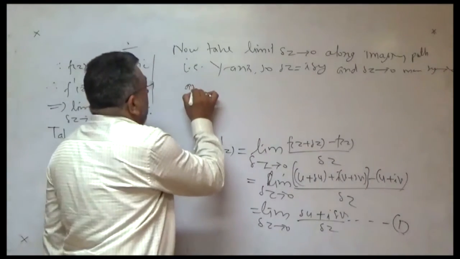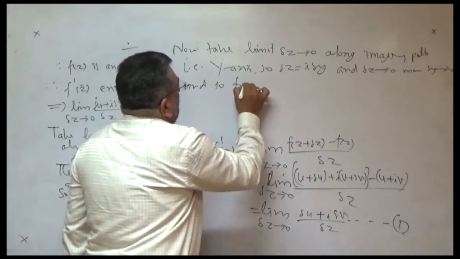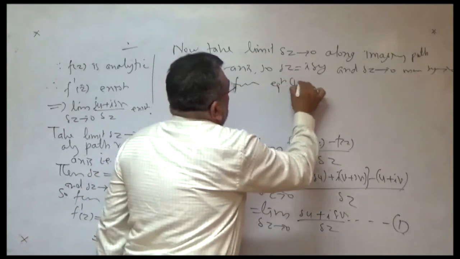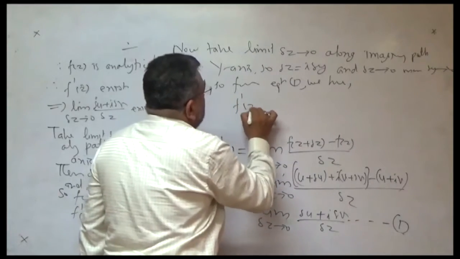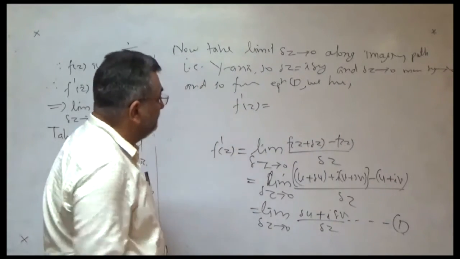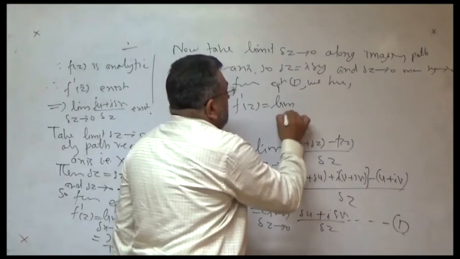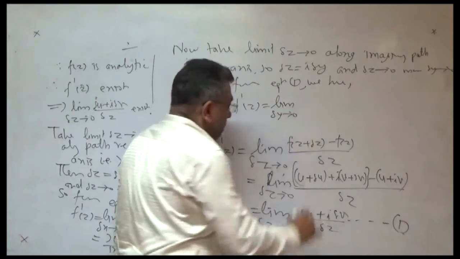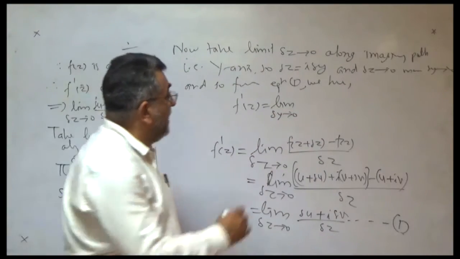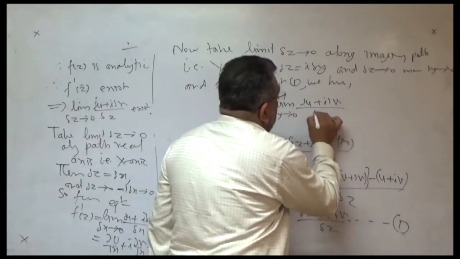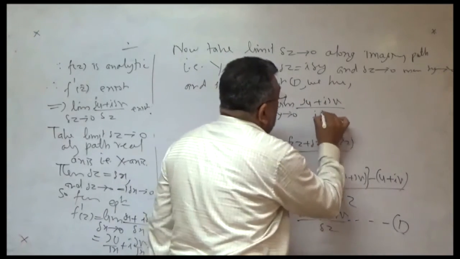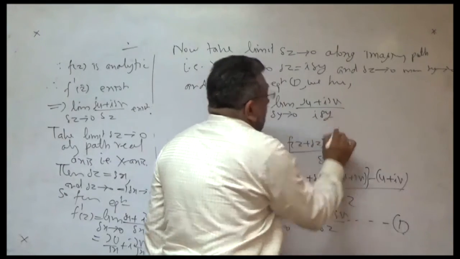And so from equation 1 we have f dash z equal to the limit as del y tends to 0 of del u plus i del v upon, in place of del z, i del y.